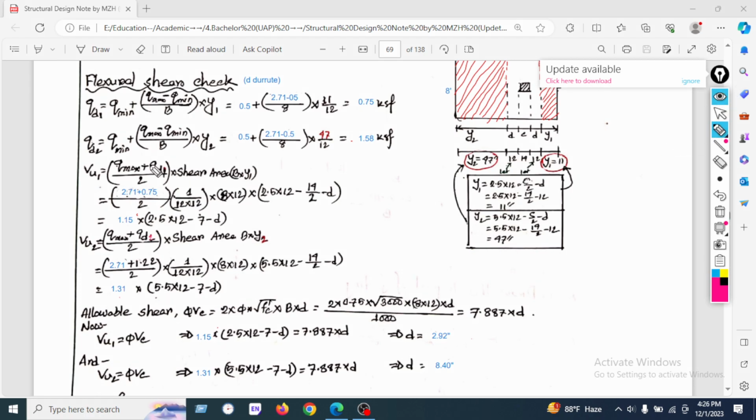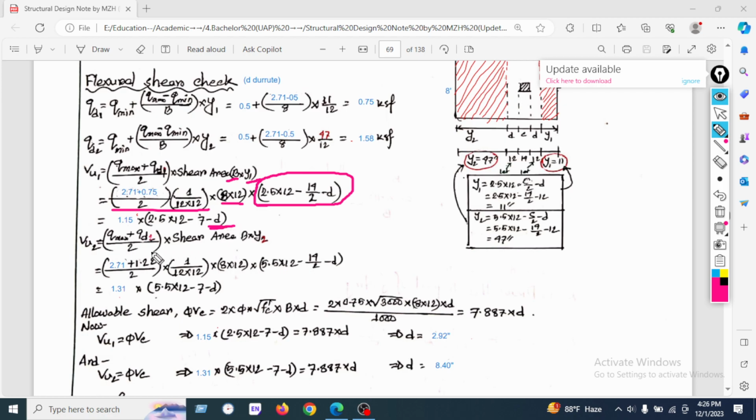If we put this value, the qd1 and qd2 here, and shear area is b, 8 feet, and y1 we have already found 11, but we are putting here this value 2.5, here 2.5 minus column c by 2 minus d. So this will be the shear area, and the unknown will be d.